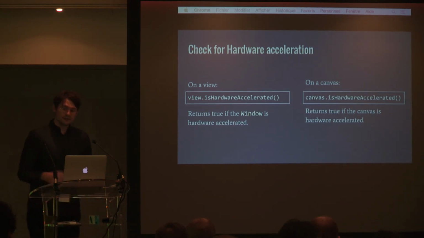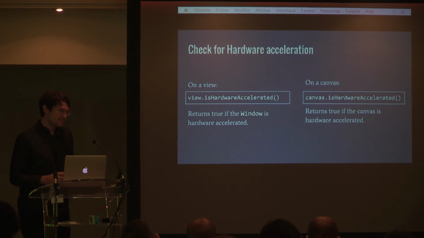And you can also check for hardware acceleration on your canvas. That's what you need to do if you have a drawing code that is specific for hardware acceleration and non-hardware acceleration. And you have quite a weird case where view is hardware accelerated returns true, and canvas is hardware accelerated returns false.